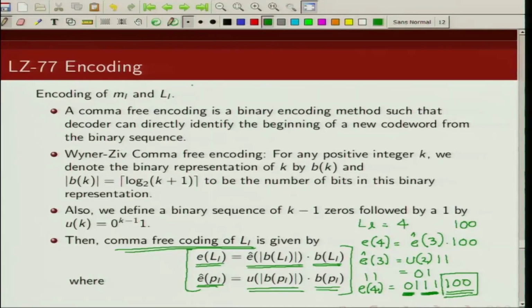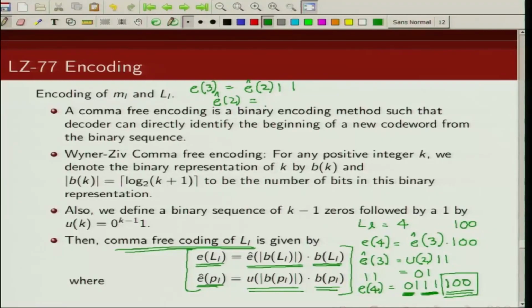Let's say you want E of 3. So this will be E hat of, now 3 is represented using 1 1, so this will be E hat of 2, followed by the binary representation of 3, which is 1 1. Now E hat of 2 can be written as, what is 2?